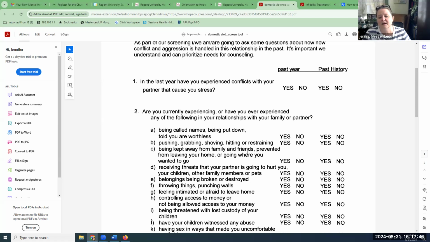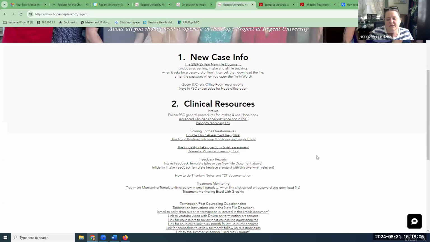And you'll want to consult your supervisor if you feel like the client is in immediate danger. That happens once in a blue moon, not very common, but if you feel like someone is at risk if they go home that night with their partner. So I believe that's everything we've got for you in terms of doing that.